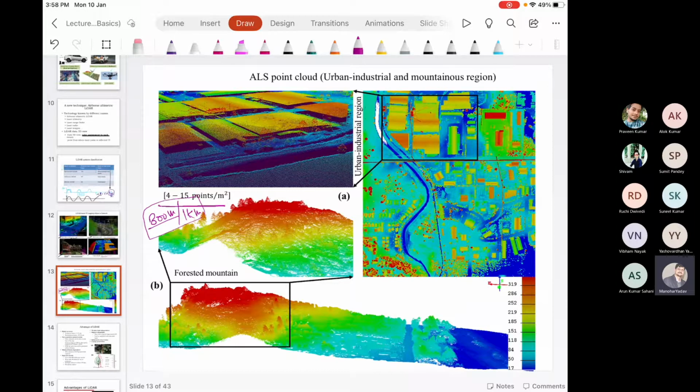This is the reason why we get the least point density in case of airborne LiDAR. But this is the fastest scanning method to collect the data. Okay, so in very little time, we acquire a large area, and this is the fastest method among all.